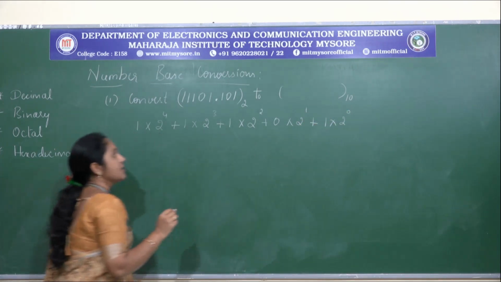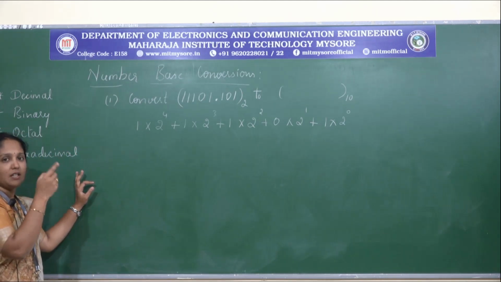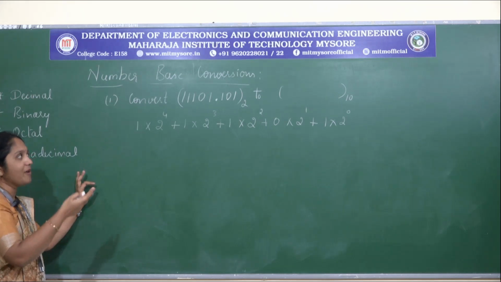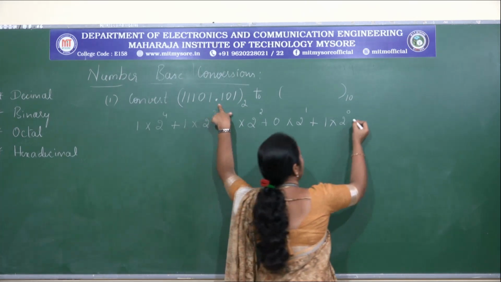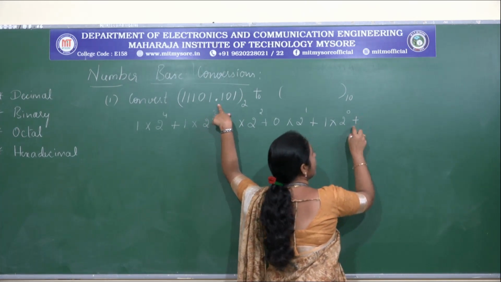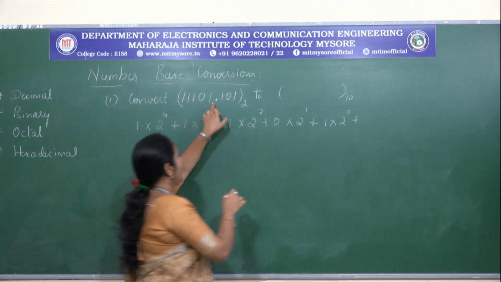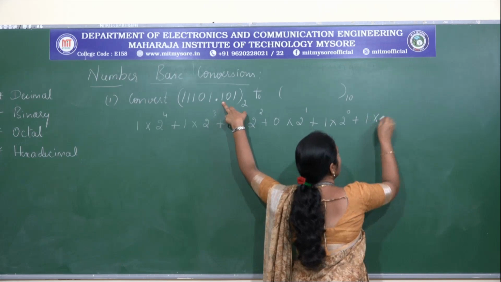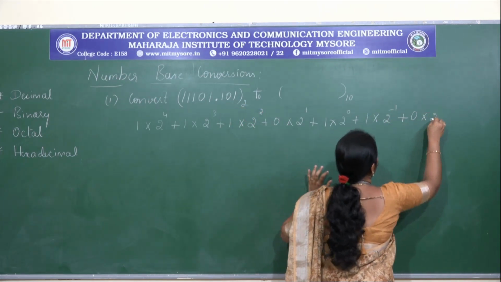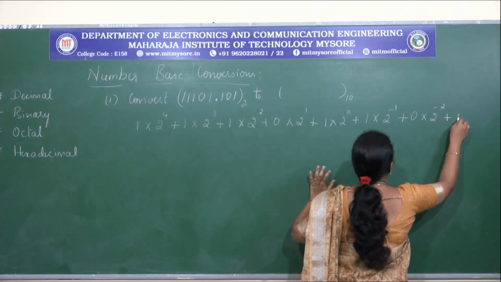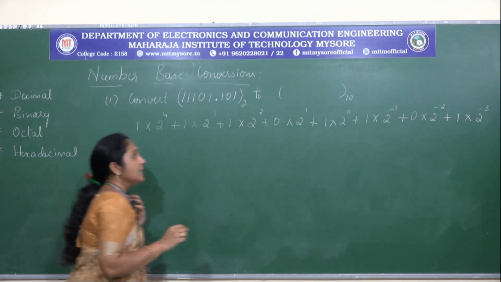After the decimal point, remember we need to consider the powers in negative, that is 2 power minus 1, minus 2, minus 3, etc. So here I have a decimal point, so you need not put the decimal point here. I will just continue by putting the plus sign. So plus 1 into 2 power minus 1 plus 0 into 2 power minus 2 plus 1 into 2 power minus 3.